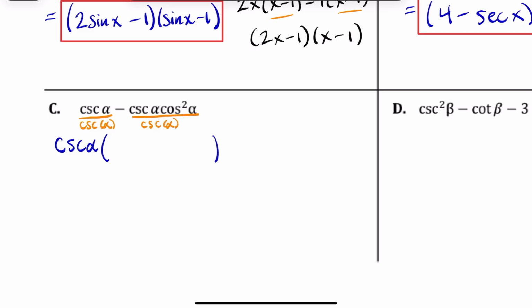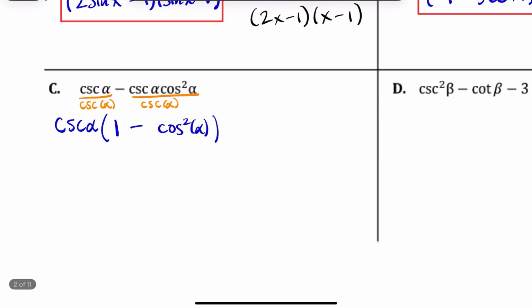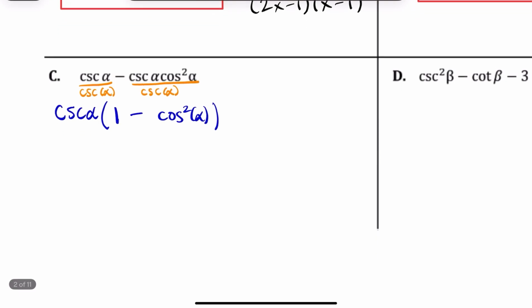When I do that, I'm left with 1 from the first term and cosine squared alpha from the second term. Now we want to factor completely. Looking at my inner parentheses, that's going to be 1 minus cosine alpha quantity squared. That's what that notation means. Again, this should remind us a lot of just 1 minus x squared.